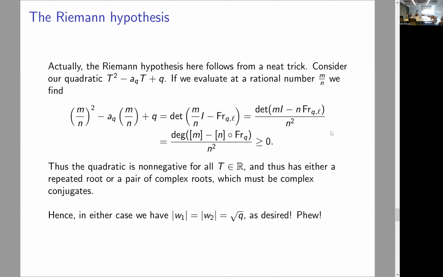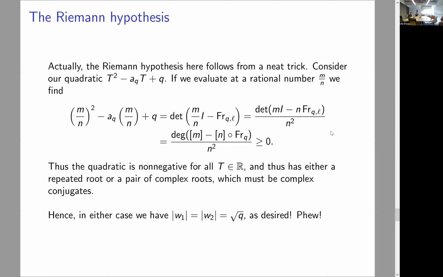What we deduce from this is that this quadratic equation either has a repeated real root or it has a pair of complex number roots, but because its coefficients are all integers, those complex numbers have to be complex conjugates of one another. So either W1 and W2 are equal and multiply to q as real numbers, or they're complex conjugate numbers that multiply to q.